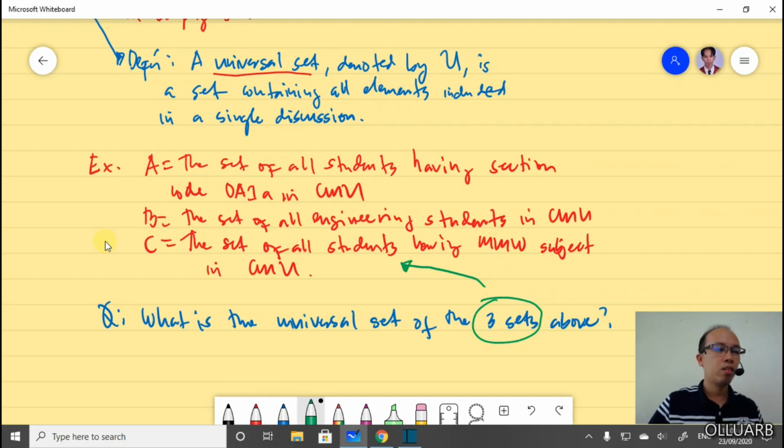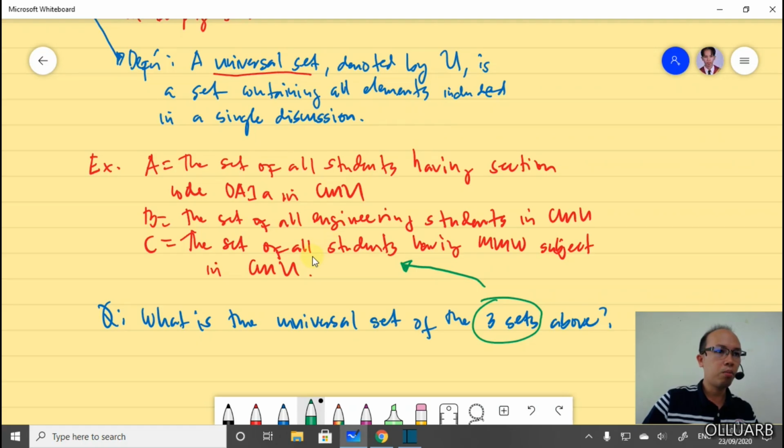It says in the definition of the universal set that you have to create a universal set in which all these sets or the elements of these sets are elements of the set U. If there is one student that you cannot find in the set U, then the set U is not the universal. That's what we mean by the universal set.